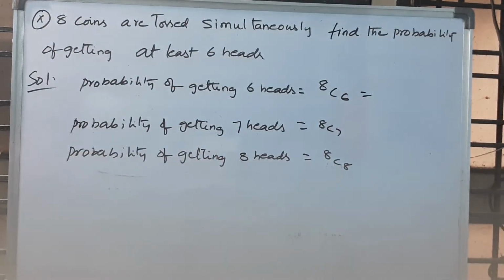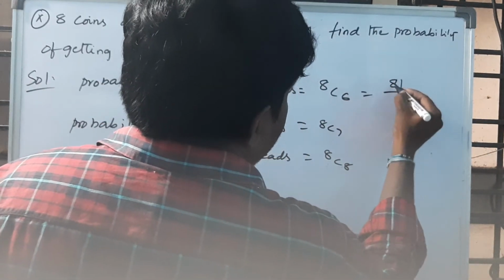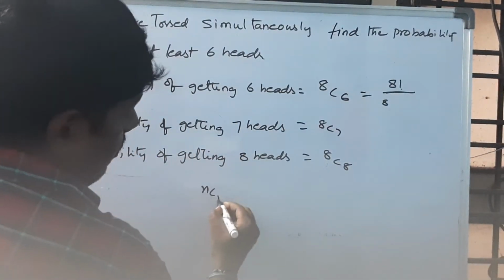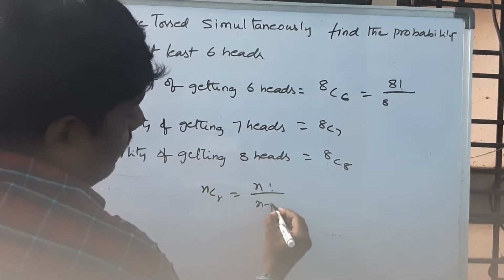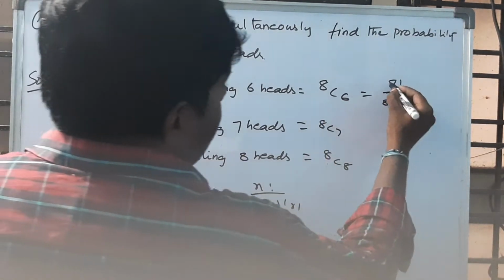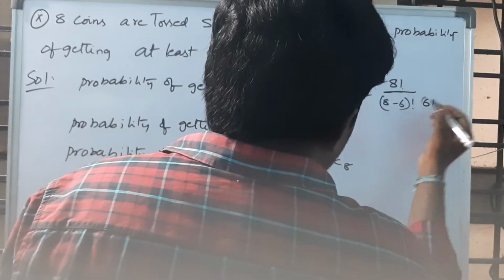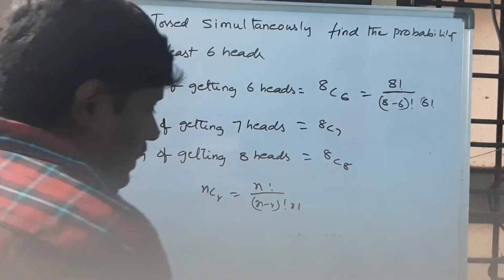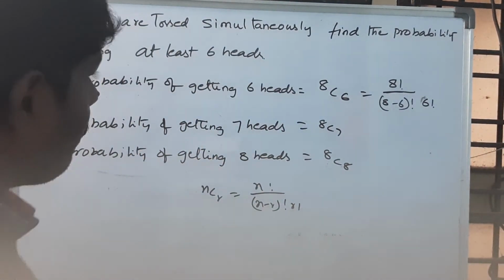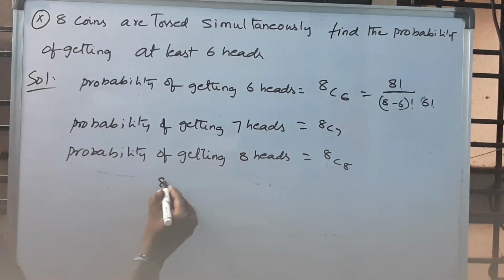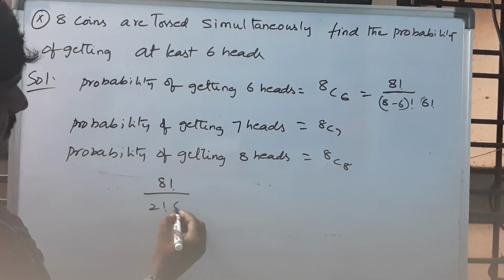So 8C6. We already know the formula for nCr: n factorial by n minus r factorial into r factorial. So 8 factorial by 8 minus 6 factorial into 6 factorial, which is 8 factorial by 2 factorial into 6 factorial.